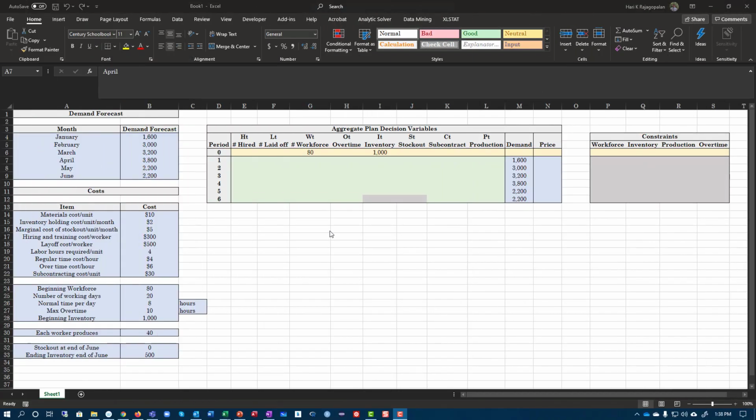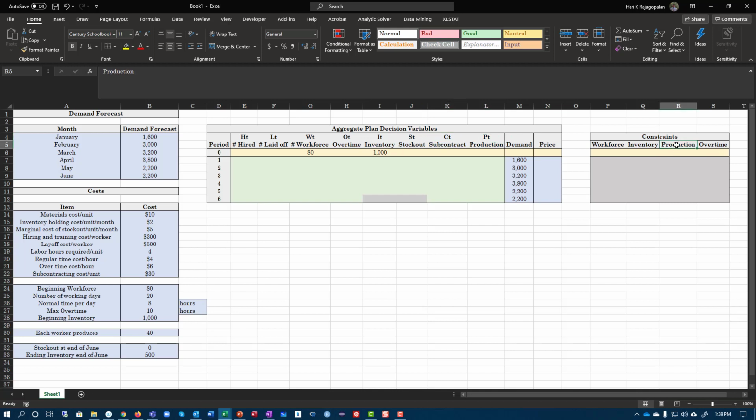So now we come to the part of fixing the constraints. And these constraints are of four kinds. We have workforce constraints, inventory constraints, production constraints, and overtime constraints. And remember, we talked about this in the previous lecture, where for workforce, we have to look at hiring and firing and the previous number of workers, where inventory has to take into account stock out, demand, production, and subcontracting.